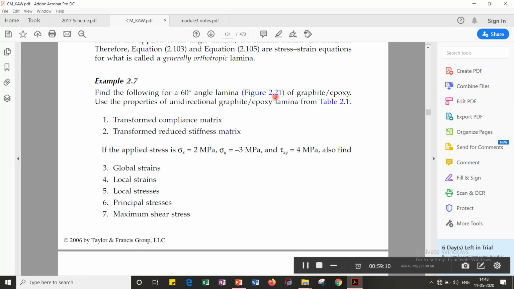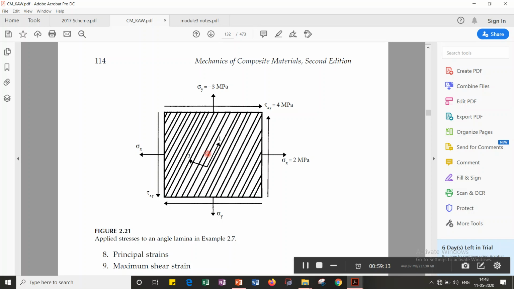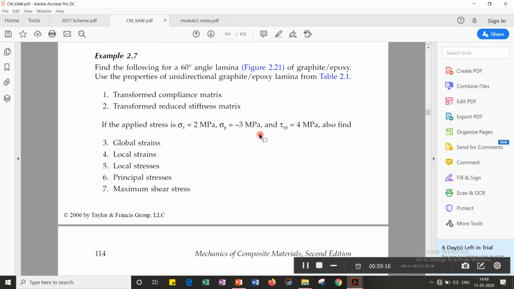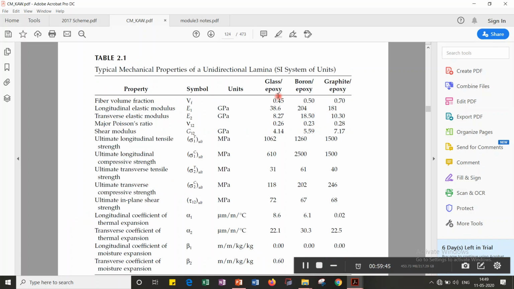This lamina is made up of graphite and epoxy. Use the properties of unidirectional graphite epoxy lamina, which means the properties are already given: longitudinal Young's modulus, transverse Young's modulus, major Poisson's ratio, and shear modulus. All these factors are already given in this table.